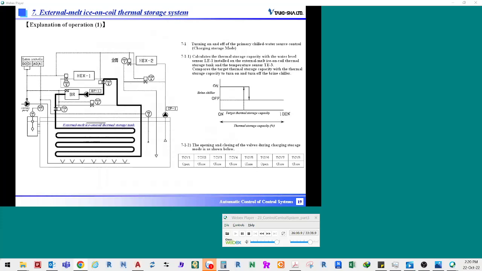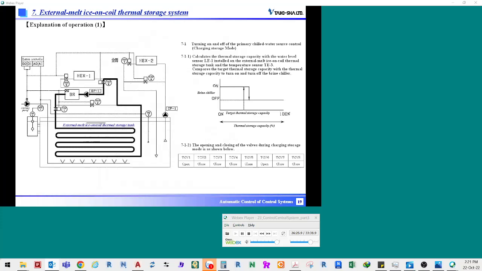Operation of the external melt ice on coil thermal storage system will be explained. First, charging storage mode to generate ice by operating the brine chiller will be explained. During charging storage mode, opening and closing of the switching valves for the brine pipeline are switched as shown in the table on this slide.